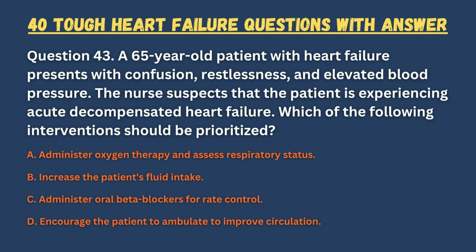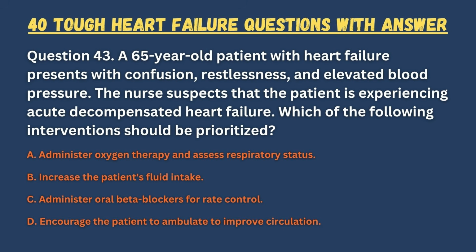Question 43. A 65-year-old patient with heart failure presents with confusion, restlessness, and elevated blood pressure. The nurse suspects that the patient is experiencing acute decompensated heart failure. Which of the following interventions should be prioritized? A. Administer oxygen therapy and assess respiratory status. B. Increase the patient's fluid intake.